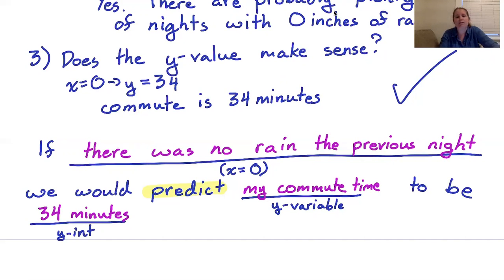And so it would be easy to write a sentence that seems ridiculous, but not even think about it, because we know it's if whatever x equals 0 means, we would predict the y variable to be whatever the y-intercept is. It would be very easy to recite something absolutely insane and not think twice about it. So before you go to write the sentence, make sure it makes sense to write the sentence. Right, that is interpreting the y-intercept.